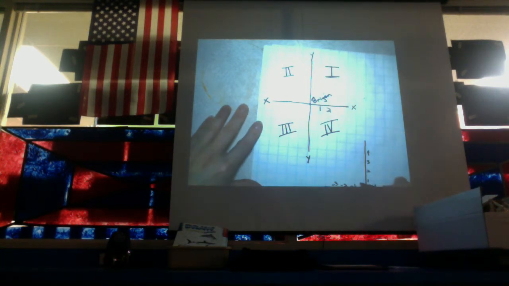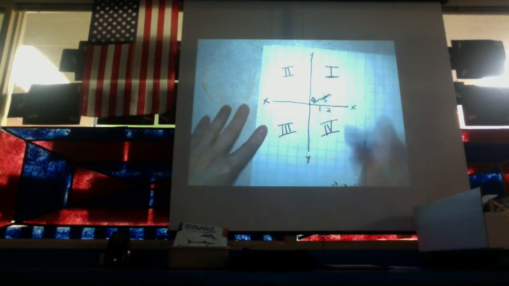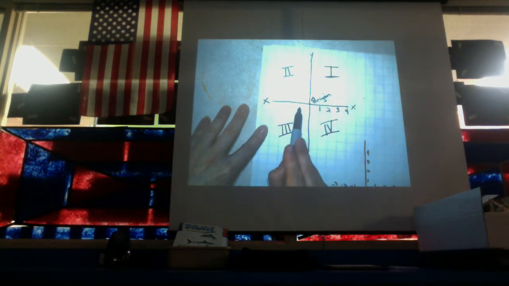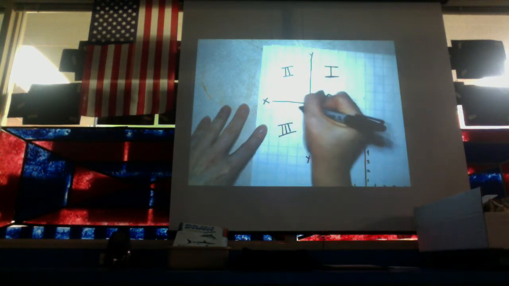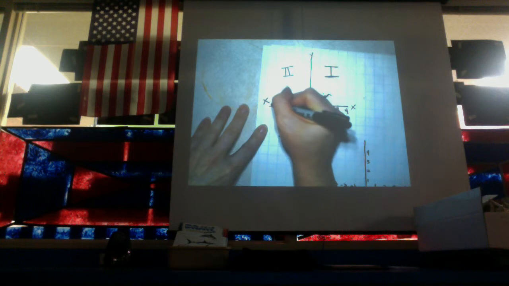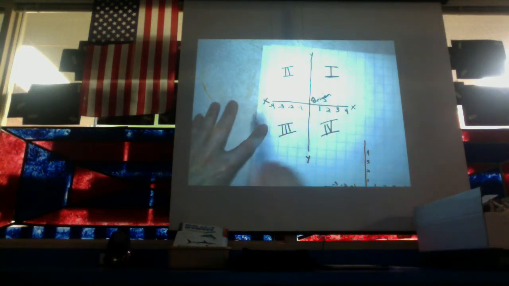I'm doing this on graph paper, so I'm just doing it where the graph lines are. That would be 3 and then 4. What would go over here? Well, we've got some negatives: -1, -2, -3, -4. Just like a regular number line.